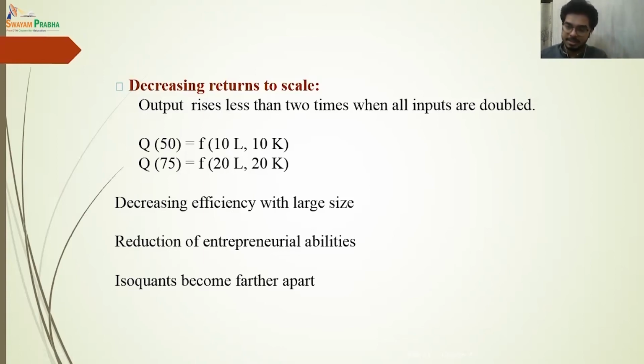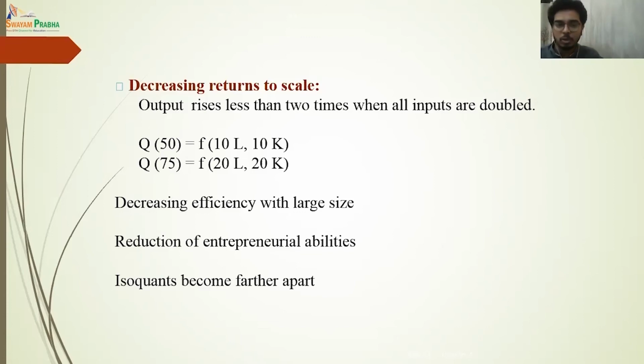But how much has it increased? It has increased only by 1.5 times. It has reached 75. So the labor and capital have increased twice, but the output has increased by less than 2 times, here 1.5 times. Then that is known as decreasing returns to scale.